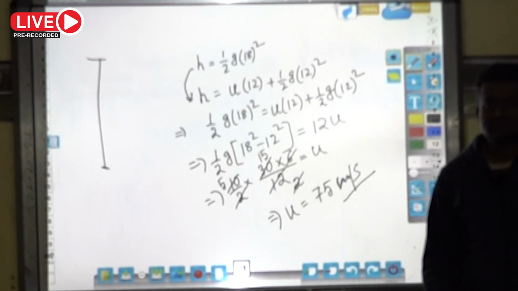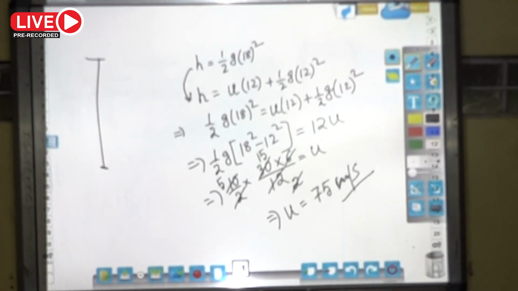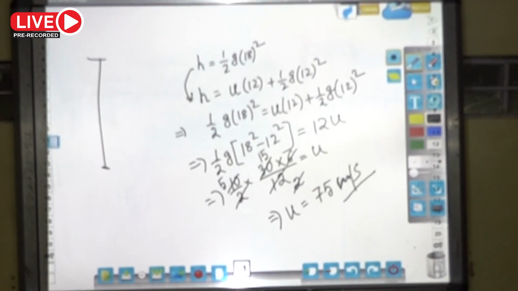21. When a ball is thrown up vertically with velocity v naught, it reaches a maximum height of h.